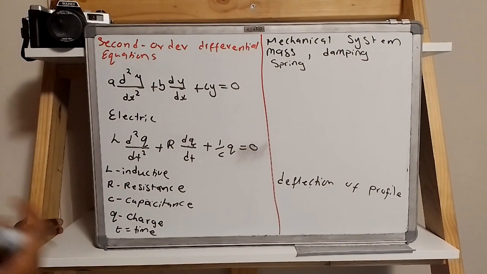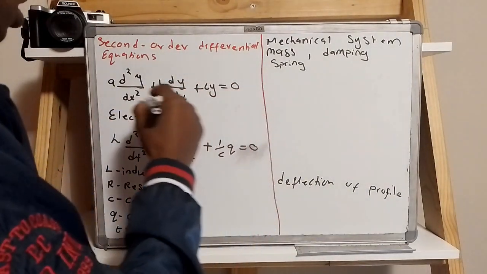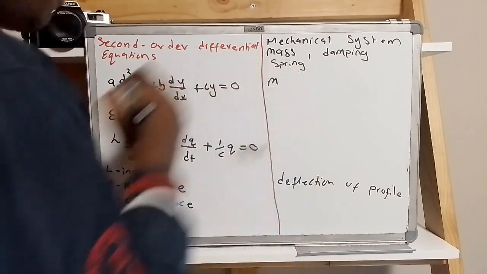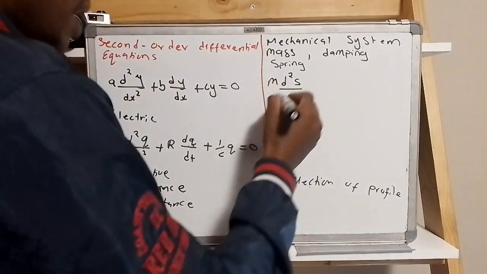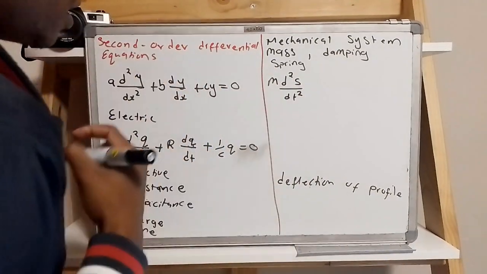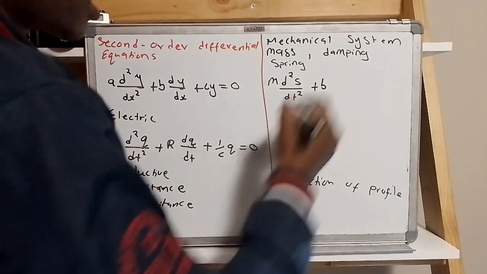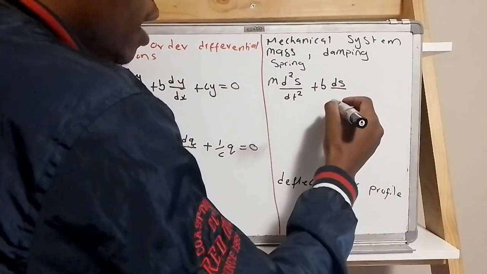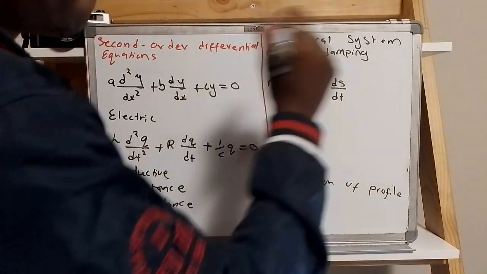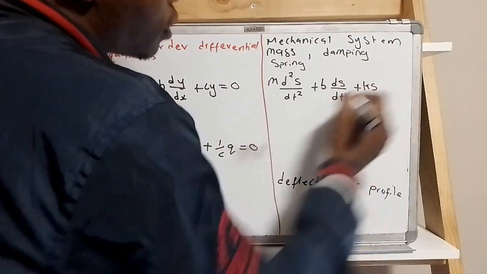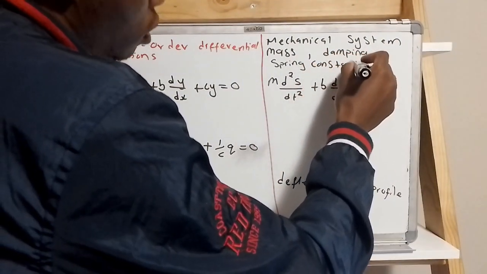So now let's move. In this case we'll be expressing this as m d squared s over dt squared, where m represents the mass, plus b ds over dt, where b represents the damping, plus ks, where k represents the spring or the spring constant, right?